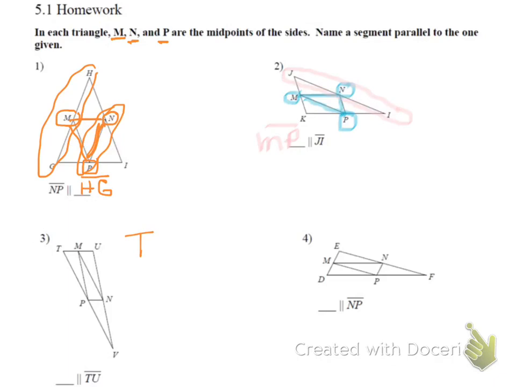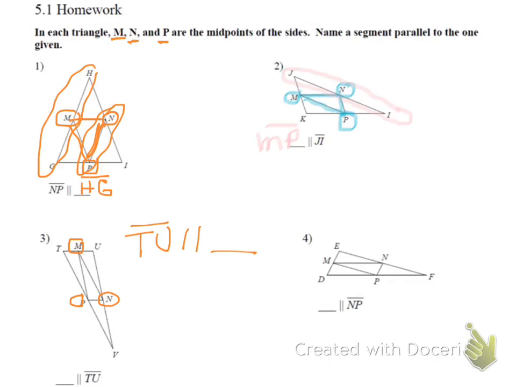Yes, TU is parallel to what? So where is TU? And we've already practiced saying that M, N, and P are midpoints, and therefore PN, PM, and MN are your mid-segments.